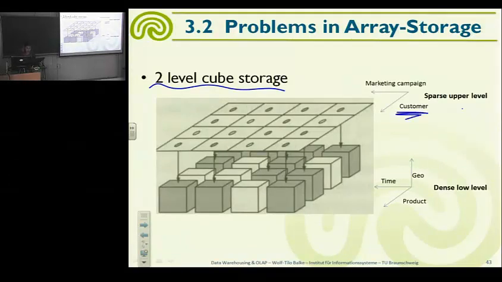And you have the customer dimension and the product dimension, time, and geographical dimension. And these two dimensions, the marketing campaign and the customer, they have a lot of empty spaces in between. You don't have a lot of data. So you can separate them from the dense data.